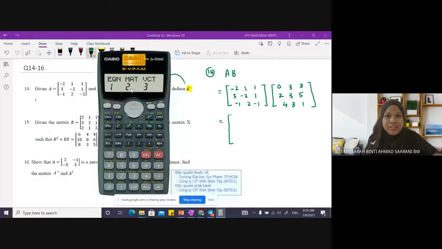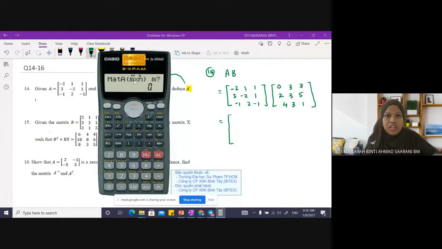Yang ni. Pilih nombor 2 ni, EQM mat VCT ni, pilih mat ni, nombor 2. And then nak masukkan matrix dia, tekan shift nombor 4. Shift nombor 4. And then dia keluar dim, edit mat. Dim ni dimension dia. So katakanlah awak nak masuk matrix A. So pilih dim ni, dimension. And then ni matrix A, pilih 1.